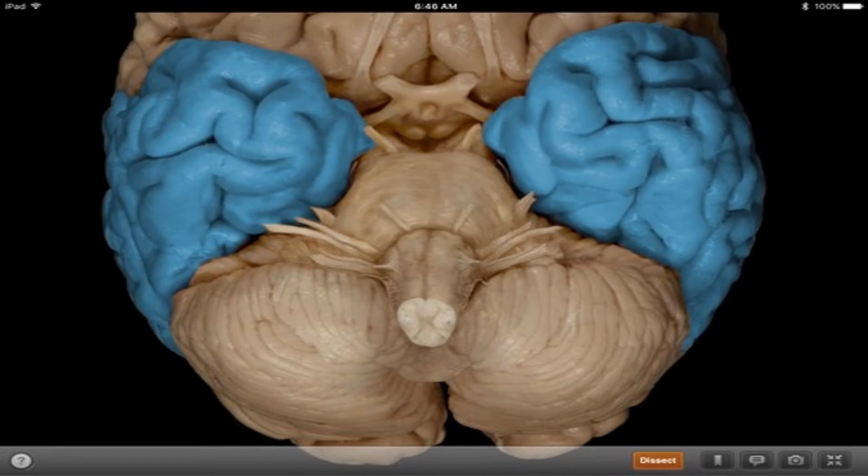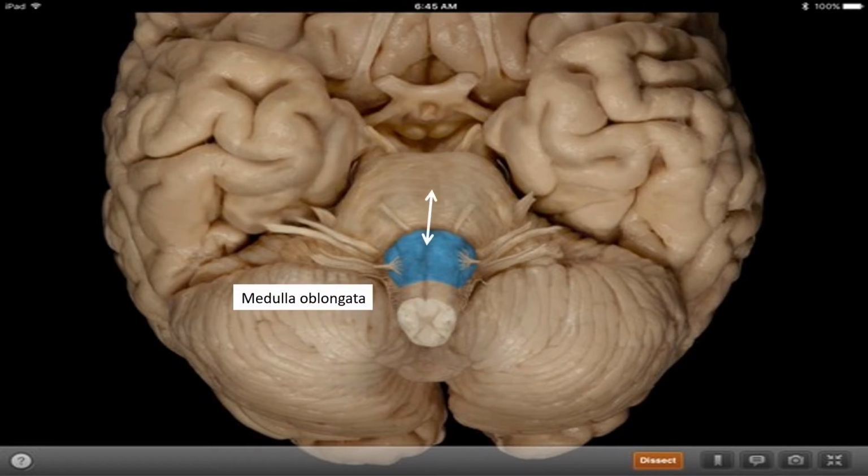This is an inferior view of the brain, and we know now that this central part of the brainstem is the pons, and the blue marked structures are the temporal lobes. The blue marked structure here is the medulla oblongata, the third and the lowest part of the brain stem.